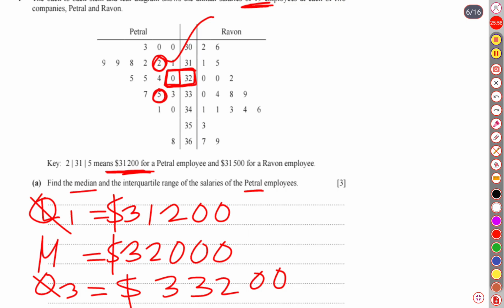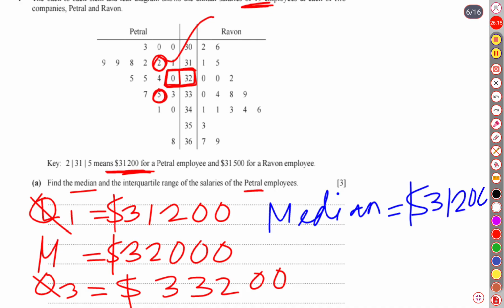Then they have told us to write the median first. So the median is equal to $32,000. And then the interquartile range is going to be the upper quartile minus the lower quartile.